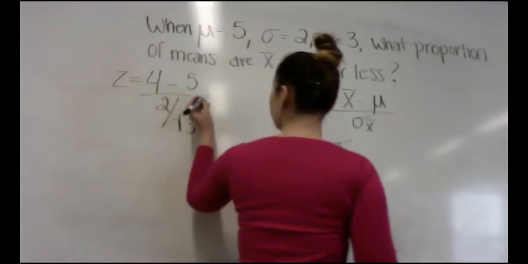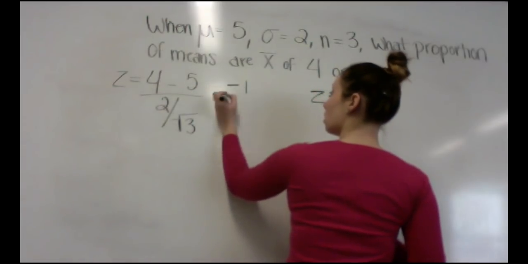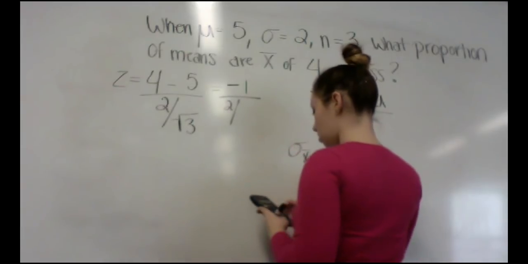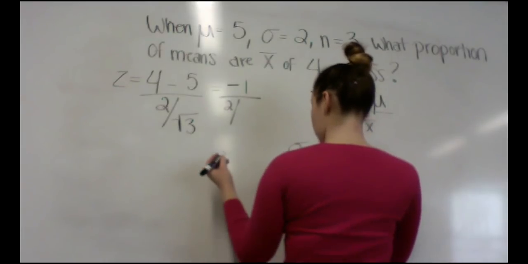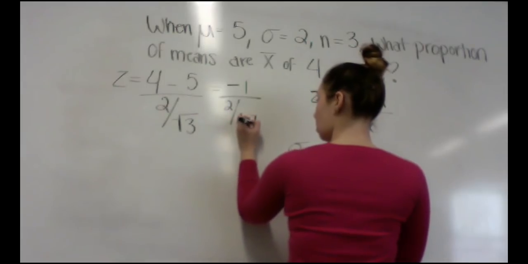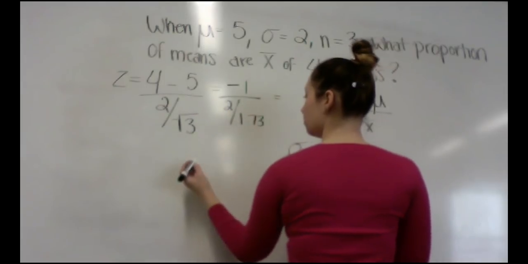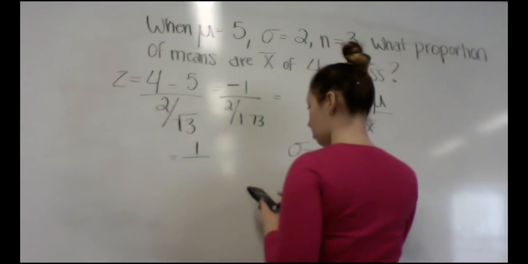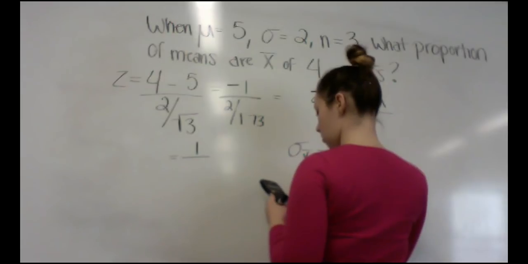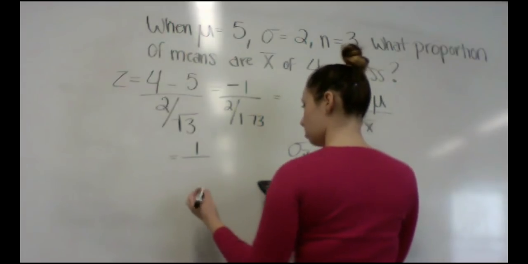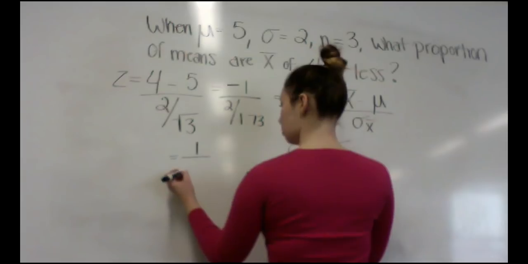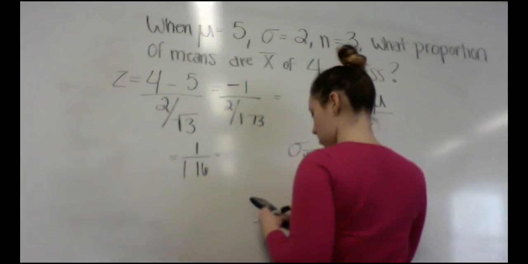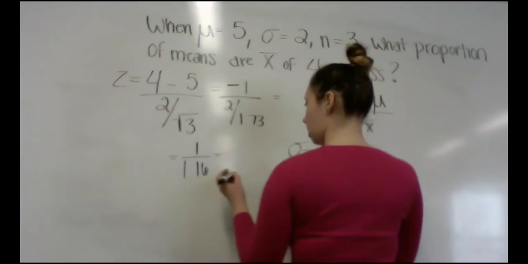So in the numerator here, we've got -1 over 2 over the square root of 3, 1.73. One over 2 divided by 1.73 gives us 1.16. 0.86.